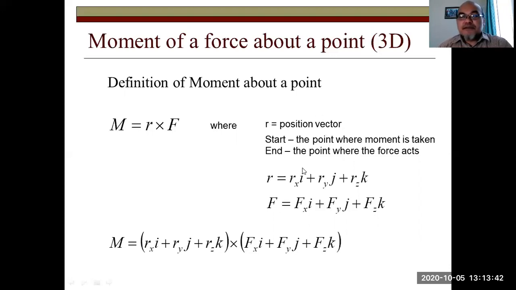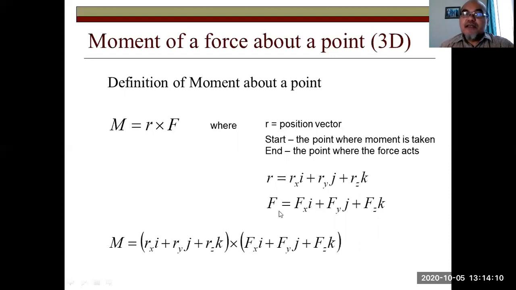R is also expressed as a three-dimensional position vector in terms of the components along the x, y, and z axes. We express it as the magnitudes along the x, y, and z axes multiplied by the unit vectors of the x, y, and z axes, which are the i unit vector, j unit vector, and k unit vector respectively.